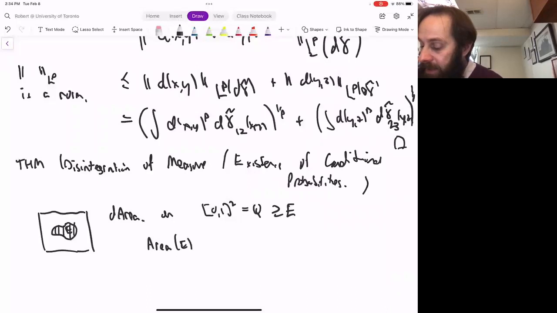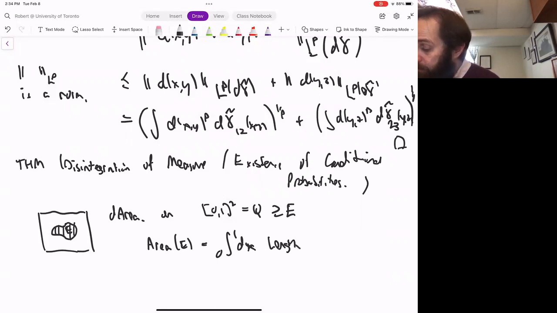The area of E can be written as the integral from 0 to 1 dx of the length of E intersect the set {x} cross [0, 1].